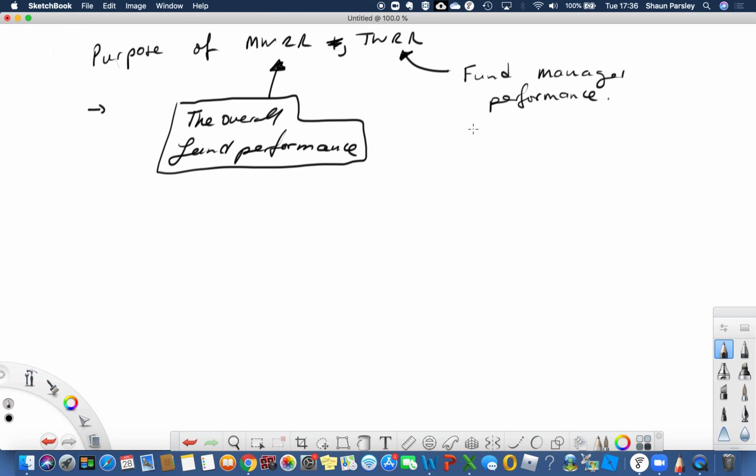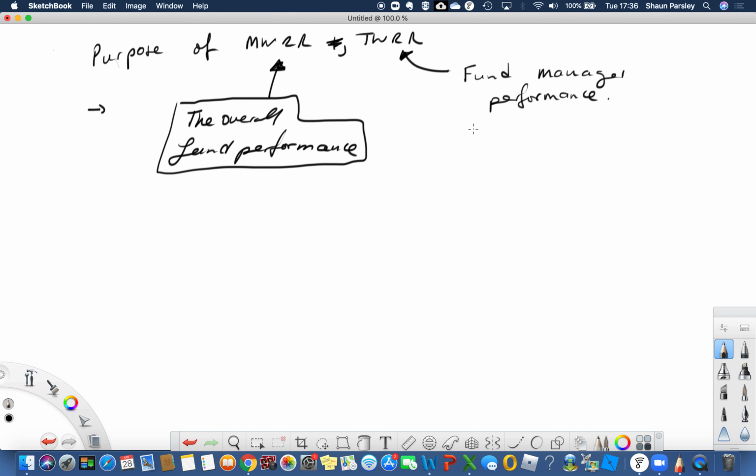But as a trustee of, say, a pension scheme, the people who govern the investment principles and other things about the scheme, you're more interested in how well a fund manager has performed, as well as the overall performance, of course.